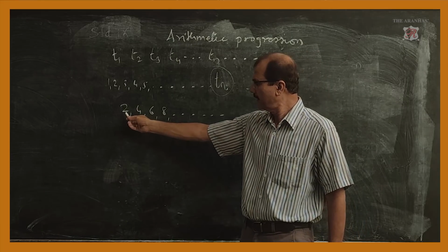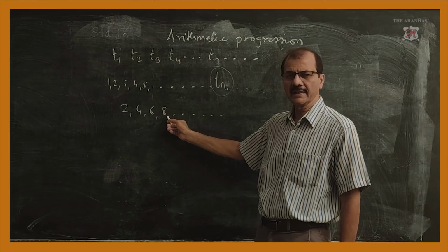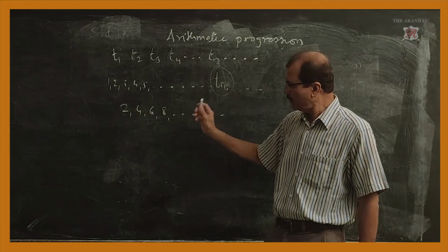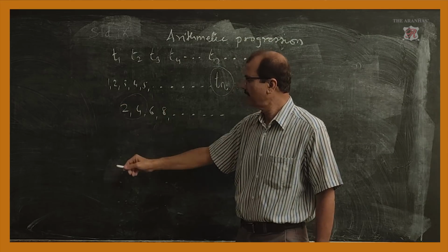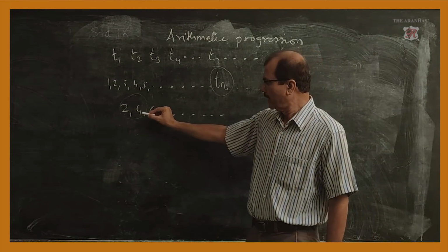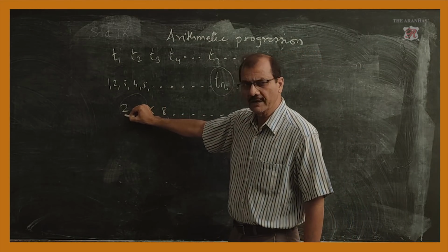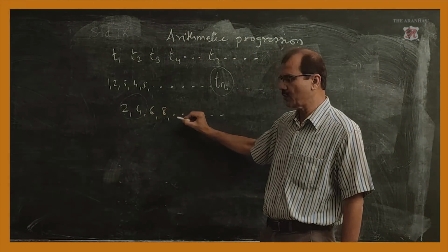You find after 2 there is 4, after 4 there is 6, after 6 there is 8 and so on. So you find that there is some relation between these terms. 2 is the first term, 4 is the second term, 6 is the third term and so on.